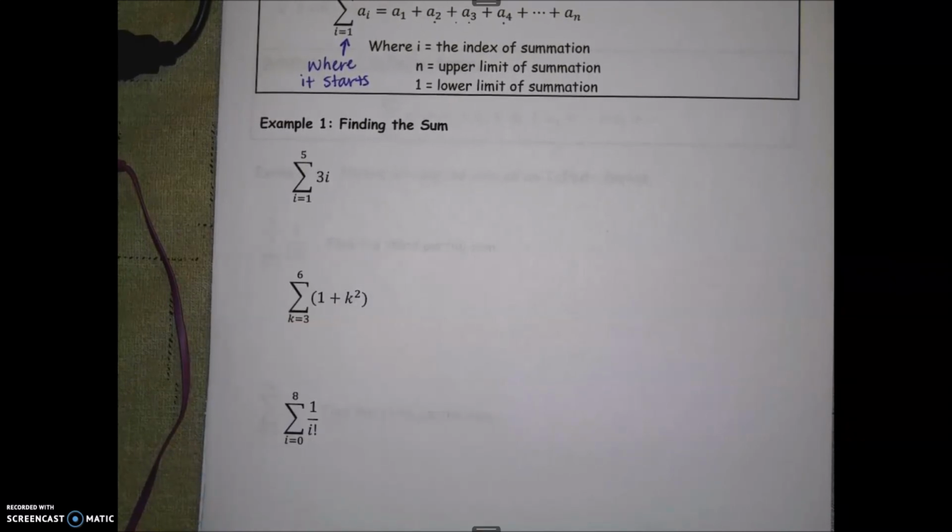How do we do that? We had to plug in 1, 2, 3, and 4 into a given equation. Series is doing the exact same thing, except it's taking those answers from plugging in the n number and adding those sequence numbers together.